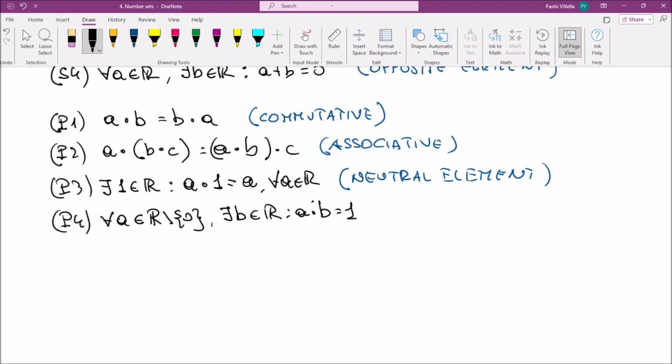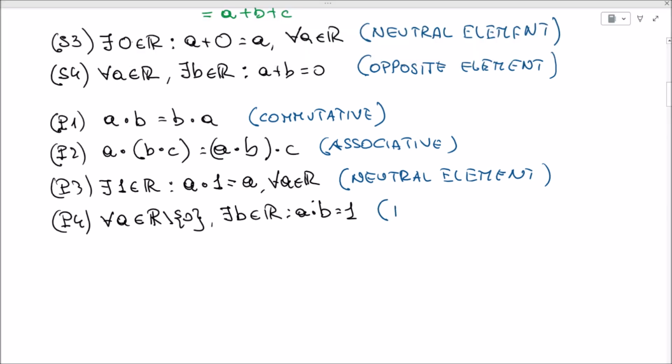And this is the existence of the inverse element. And again, we are not saying that there exists a unique inverse, but we say that there exists at least one inverse element.